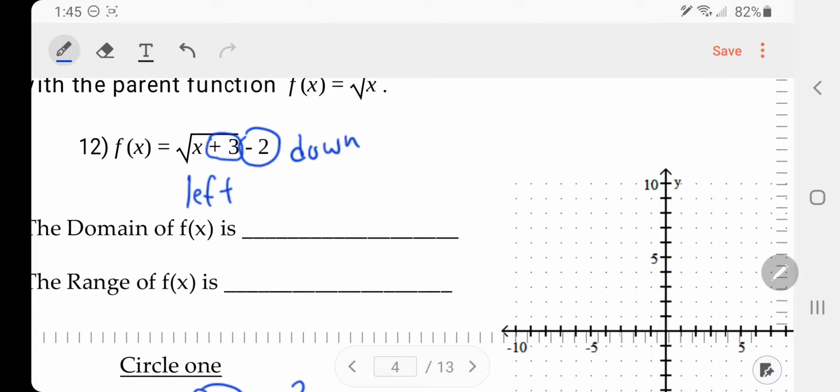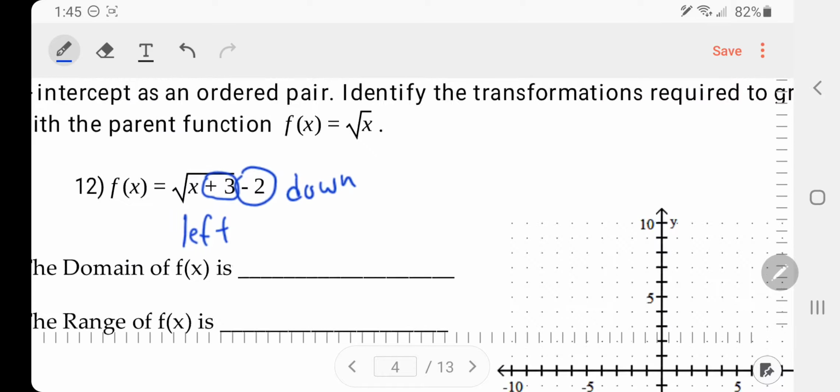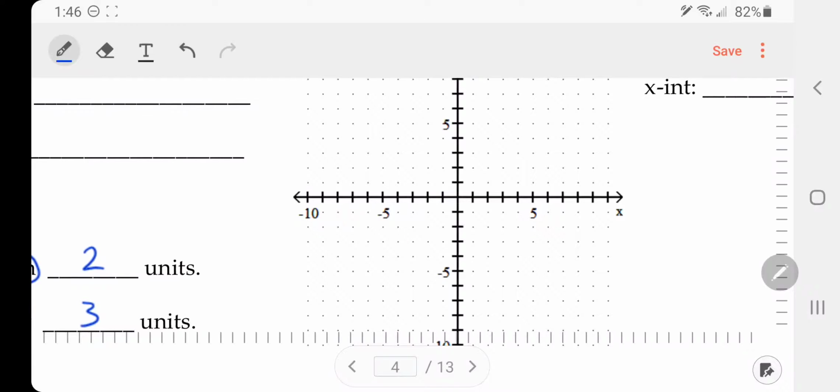Now that we know the transformations and we know the parent function, we can now sketch the graph. So here's what we know. We know that a square root graph normally starts at the origin and swooshes up to the right. Okay, that's the normal parent function for square root.